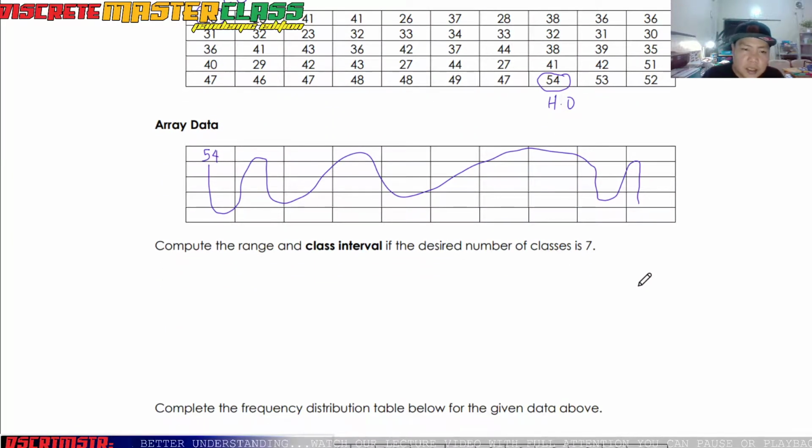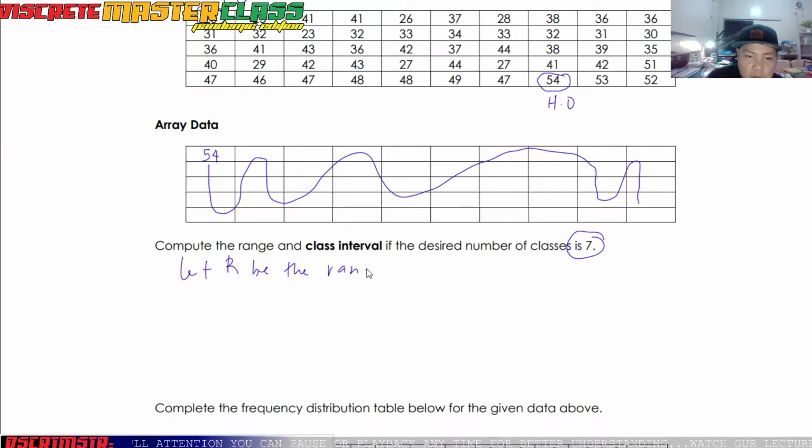Okay? Next thing na gagawin mo is to compute the range and the class interval. To compute the range and the class interval, ito palaging given to: the desired number of classes. In this case, the desired number of classes is 7. So, ang range natin, denoted by R, so let R be the range.